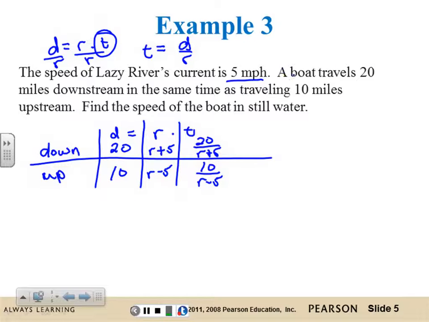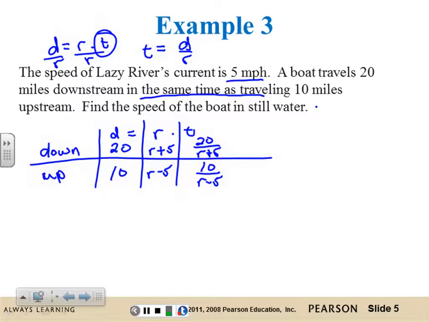Now it tells me that a boat travels 20 miles downstream in the same time as traveling 10 miles upstream, and it's looking for the speed of the boat in still water. Okay, so I know that I have an equation that I can set up by putting these times equal to each other because it's the same time.